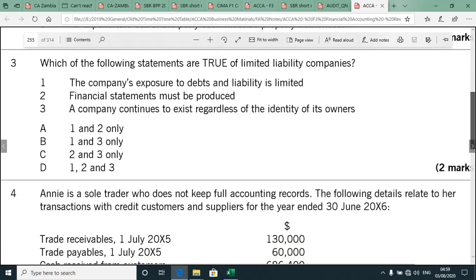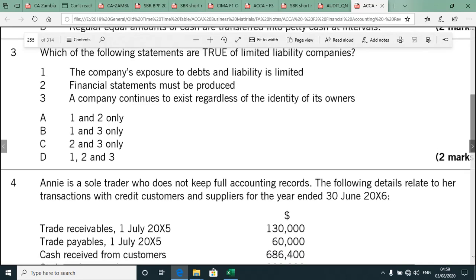Question 3 says, which of the following statements are true of limited liability companies? 1 says the company's exposure to debt and liability is limited. That is not correct because it's supposed to be the shareholders' exposure to debt which is limited. Then 2 says financial statements must be produced. That sounds correct. And then 3 says the company continues to exist regardless of the identity of its owners.